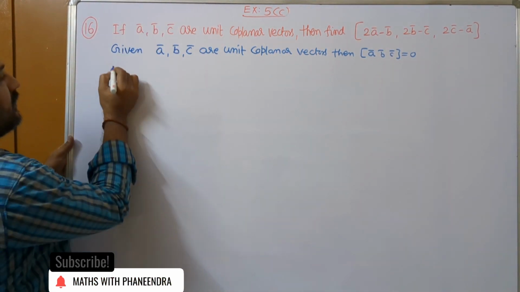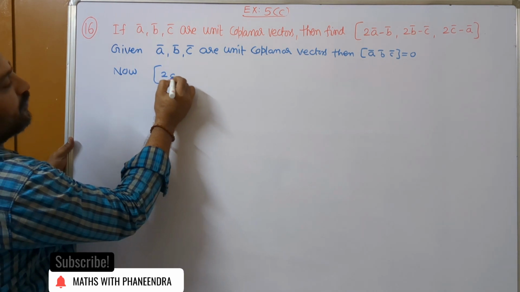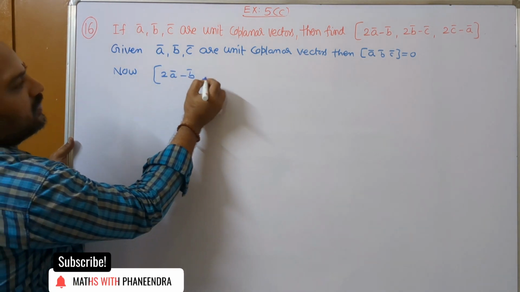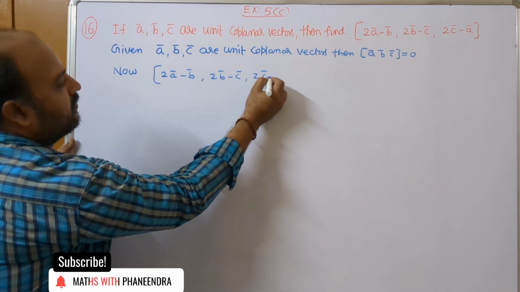Now consider box of 2A minus B, 2B minus C, 2C minus A.